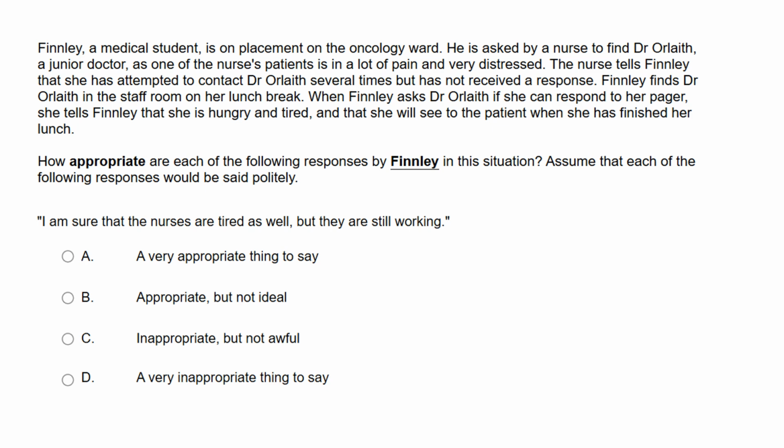C or D? Yeah, so it's going to be in the bottom half. You've got to take account of the fact that Finley is a medical student and he's talking to a doctor, so someone considerably more senior than himself. So you get that tricky situation where you're not supposed to dodge difficult issues. In other words, you're not supposed to say, well, I can't say anything critical to them because they're an important doctor. That would be bad.